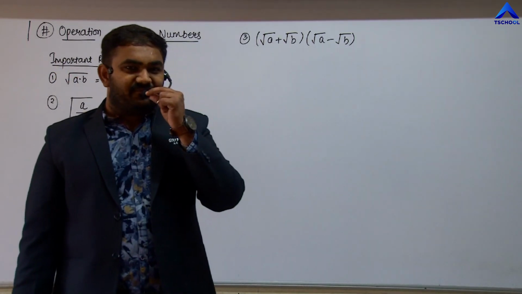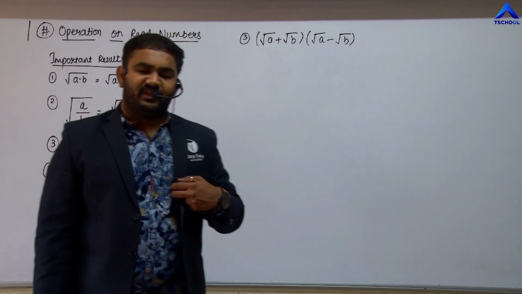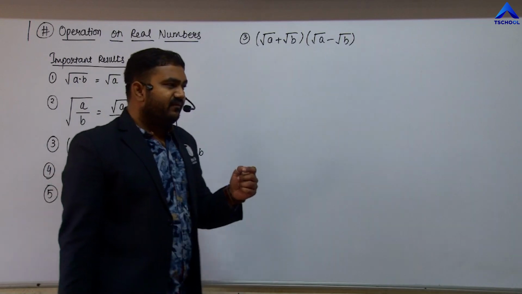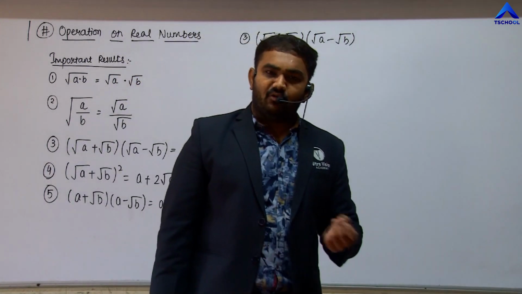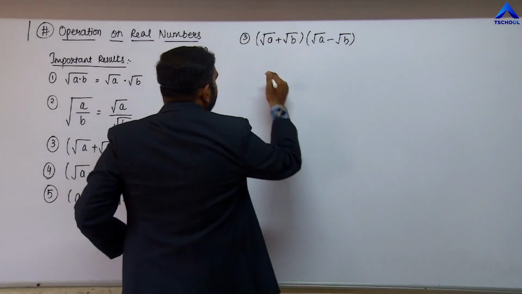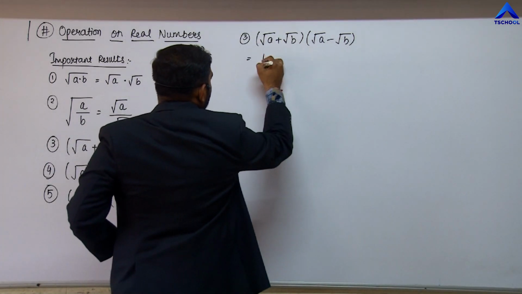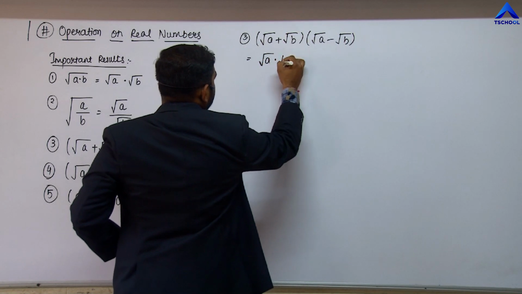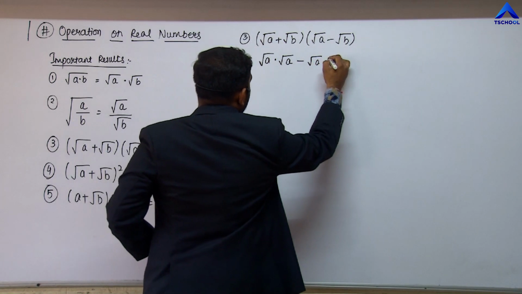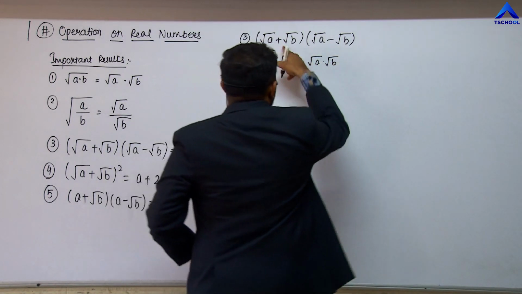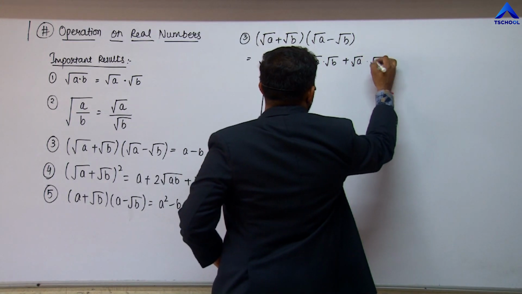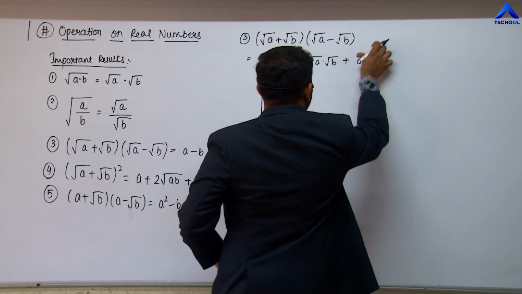You might have studied the factorization method, or the factorization topic. In that topic we used to study how to multiply two terms at a time. So these two terms here will be multiplied, so that is root a into root a minus root a into root b, again that is plus root a into root b. Yes or no?